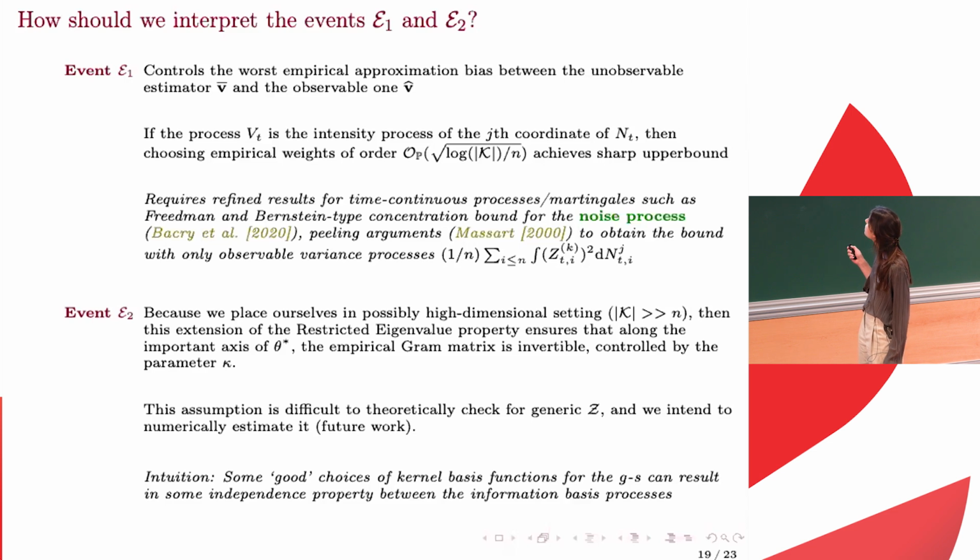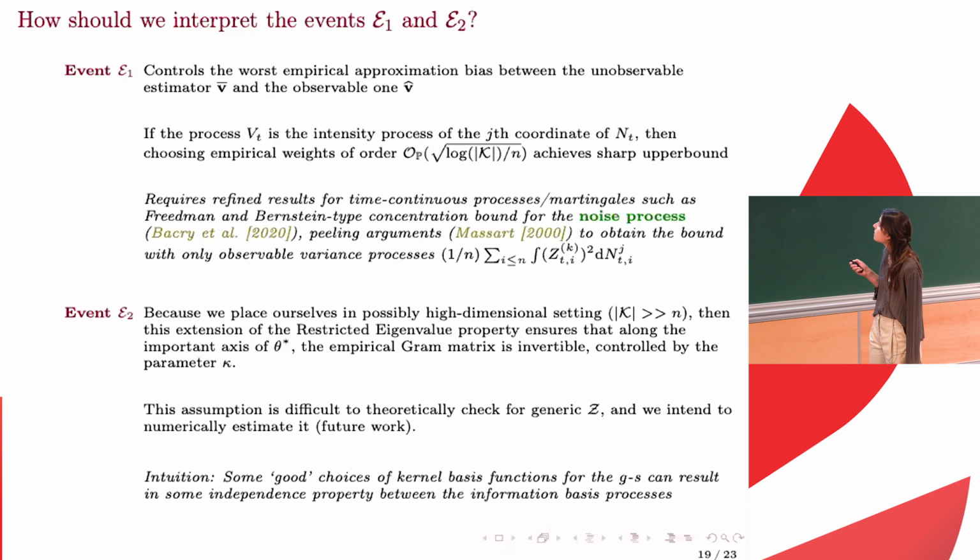As we place ourselves in a possibly very high dimensional setting where the size of my dictionary is way larger than the sample size, we need this extension of the restricted eigenvalue property, ensuring that along the important axes of the oracle parameter, the empirical Gram matrix is invertible, and its smallest eigenvalue is controlled by this parameter kappa.